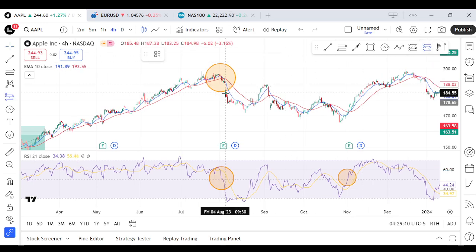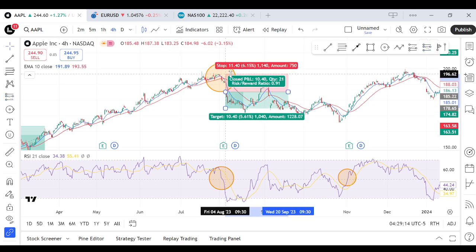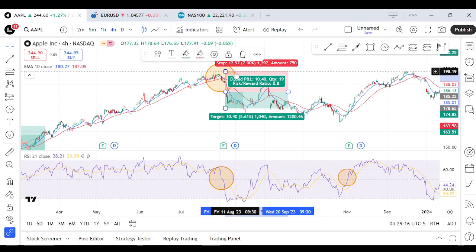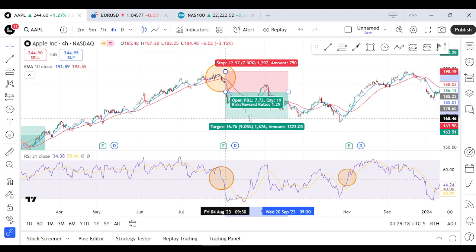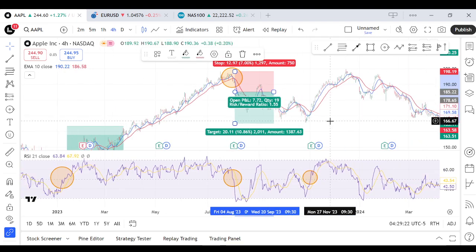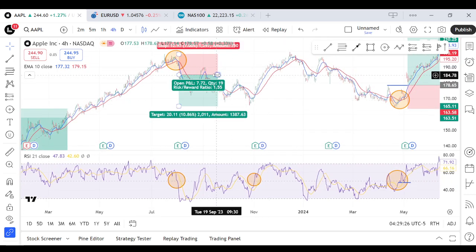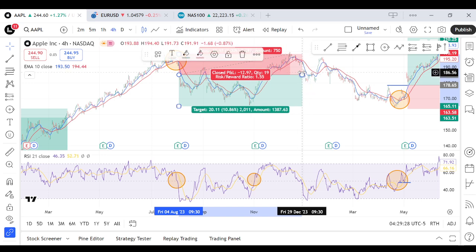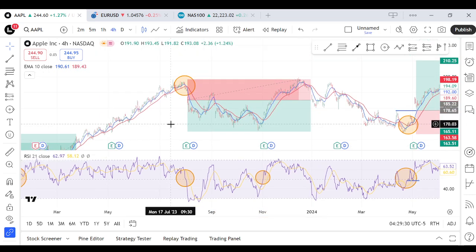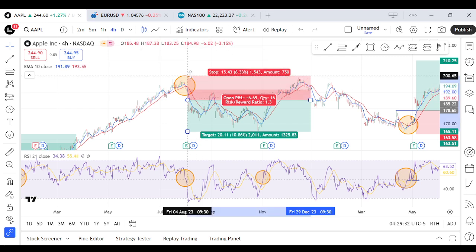So we just enter a sell position from here, and our stop loss above this swing high, and you could just set our take profits at 1:2 risk to reward ratio, or we could set it at significant support levels. So this is another reason why you should give your stop loss a little bit of room to breathe.